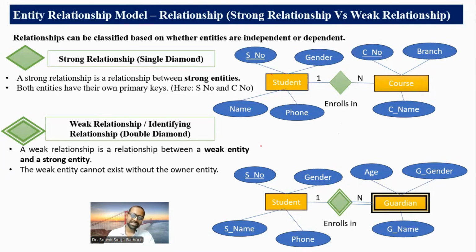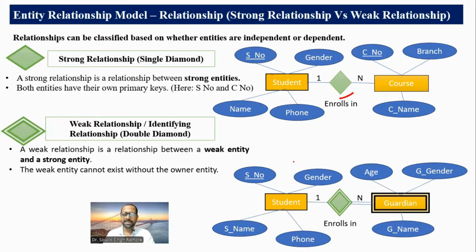Let's take another real life example. Consider an employee and the department. Both the employee and the department can exist independently. An employee has an employee ID, a department has a department ID. So this is a typical strong relationship identified by a single diamond. Now consider the employee entity type and the dependent entity type.